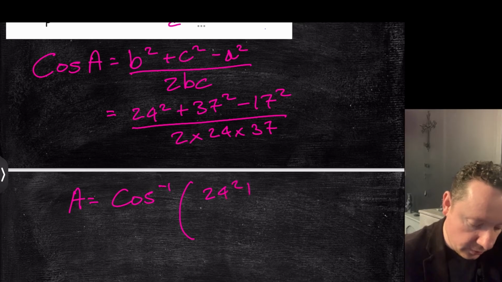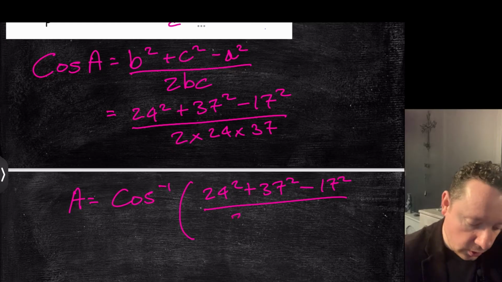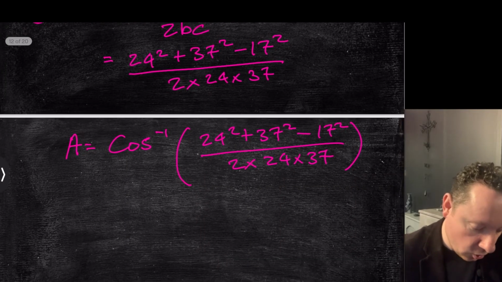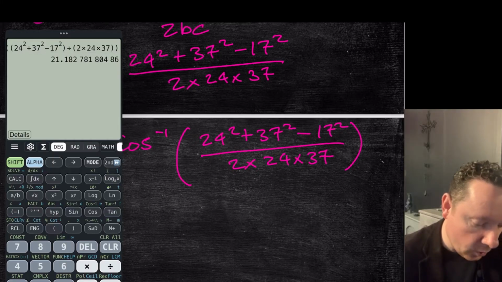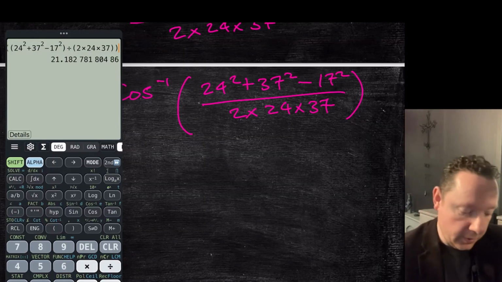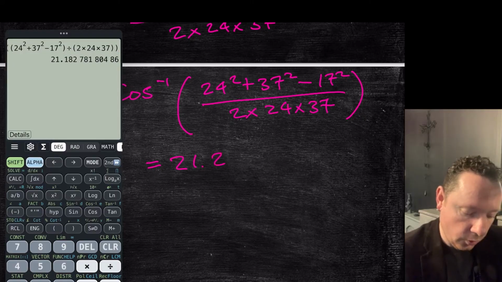So I need to do the inverse cos in my calculator. Shift cos, open bracket, 24 squared plus 37 squared minus 17 squared, close bracket divided by the bottom, 2 times 24 times 37, close brackets, 21.182. It was 1 decimal place, so 21.2 degrees.